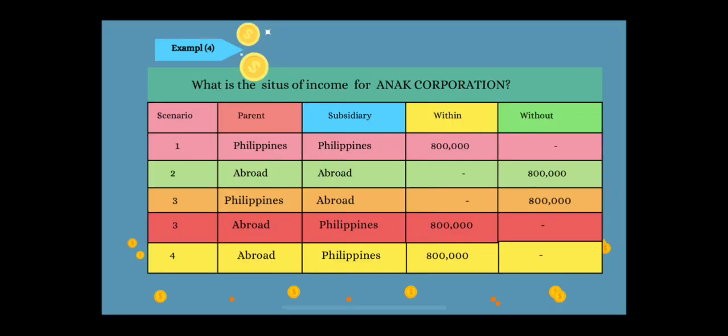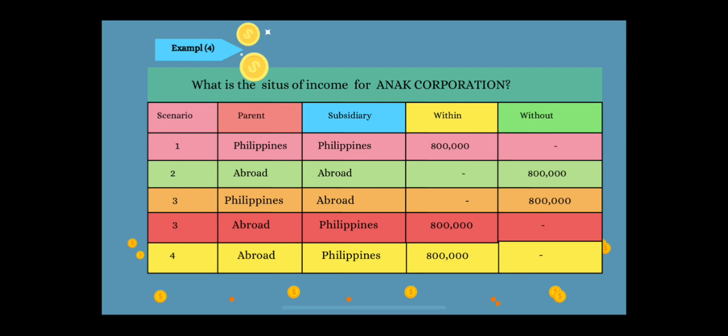For scenario 3, we have the parent in the Philippines and a subsidiary abroad. So it belongs to within the Philippines and the amount is 1,600,000. For scenario 4, we have the parent abroad and the subsidiary in the Philippines. So it belongs to without the Philippines and the amount is 1,600,000.